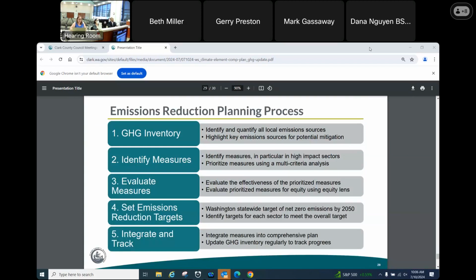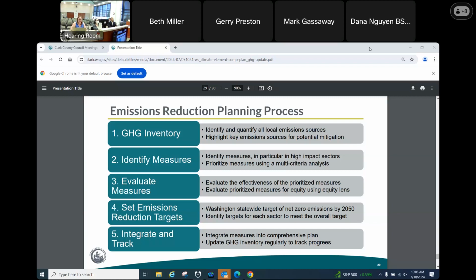The second step, and what we will be doing next, is identifying measures. And again, we'll be focusing in those high impact sectors and the low hanging fruit. So the easy things to do, the quick things to do, the things that are ready, the technology is ready now for implementing those greenhouse gas emissions reductions measures.